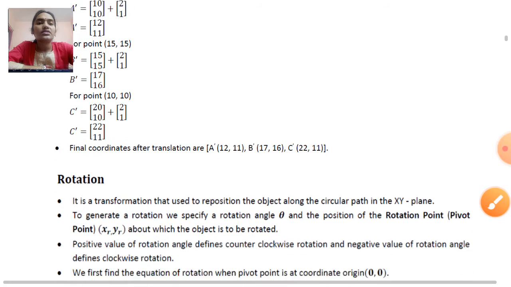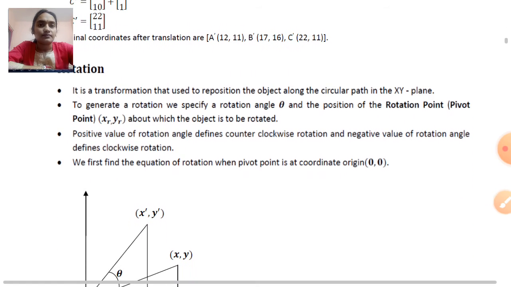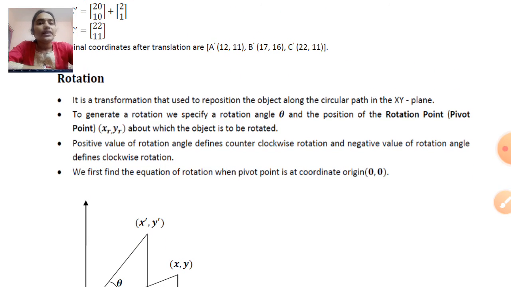Okay, now discuss what is rotation. It is a transformation that is used to reposition the object along a circular path in the xy plane. To generate a rotation, we specify a rotation angle theta, and the position of the rotation pivot point or rotation point, xr and yr, about which the object is to be rotated.